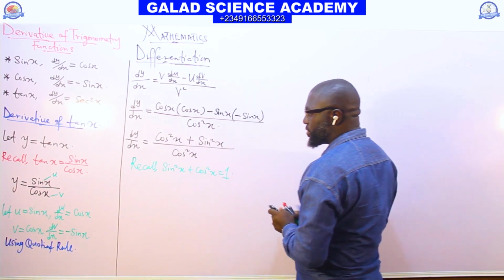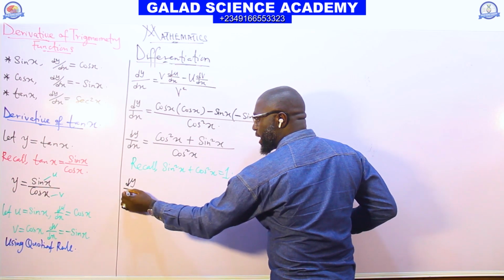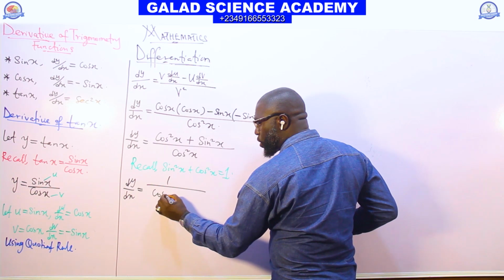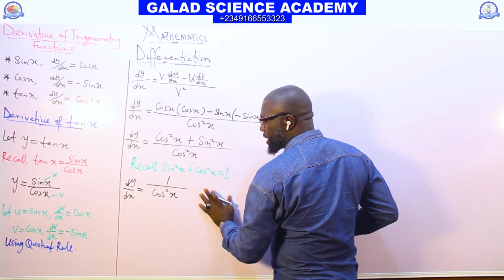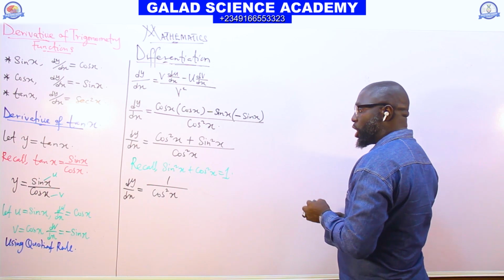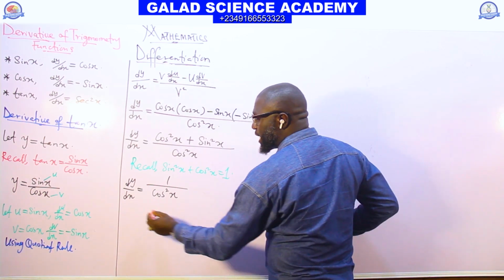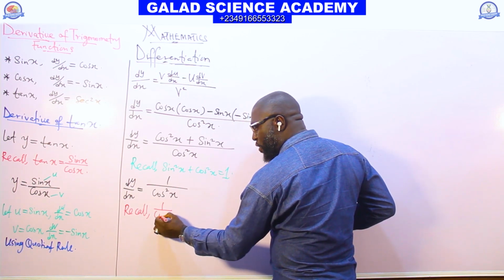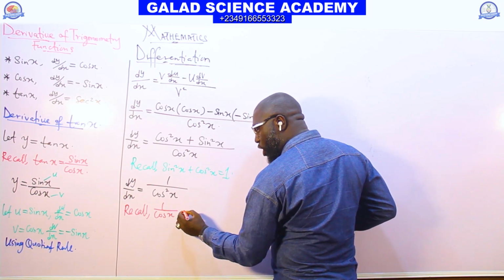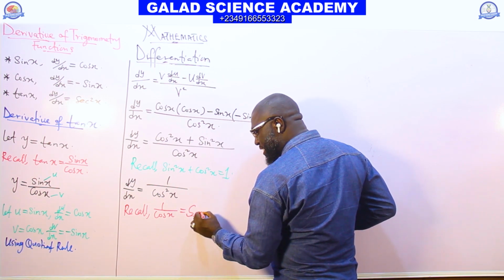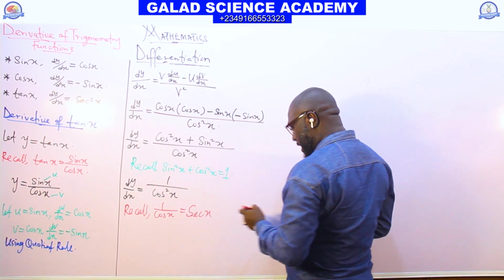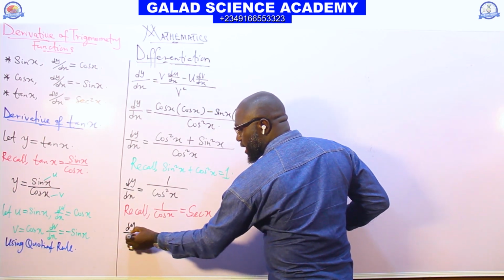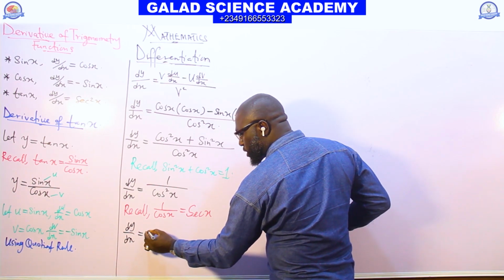You can now have dy/dx equal to 1 over cos squared x. And again, we can establish another fact: we recall that 1 over cos x is always equal to sec x. So at the end of the day, our dy/dx is equal to sec squared x.